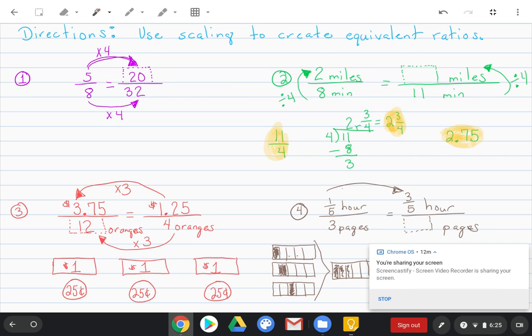If I take 1/5 and I multiply it by 3, that gives me 3/5. So that's the same thing I'm going to do on the bottom. I'm going to take 3, multiply it by 3, and that tells me that I can read 9 pages in 3/5 of an hour. All right, good luck with your work.